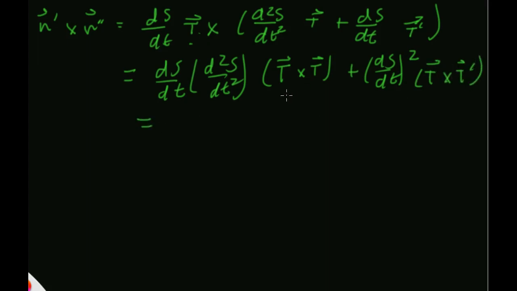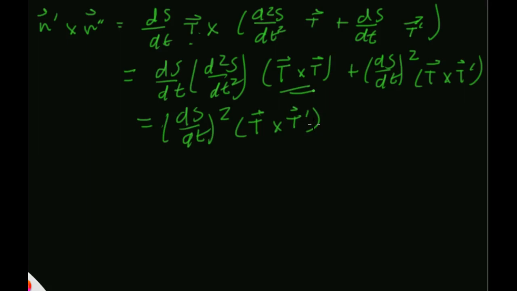Okay, so this is the zero vector. When I'm adding the zero vector to something, it all washes out and just lets me have ds/dt squared times T cross T prime. Okay, so that's simplified quite nicely.